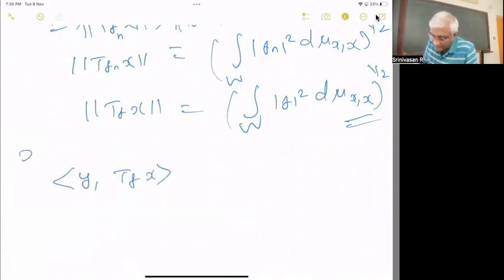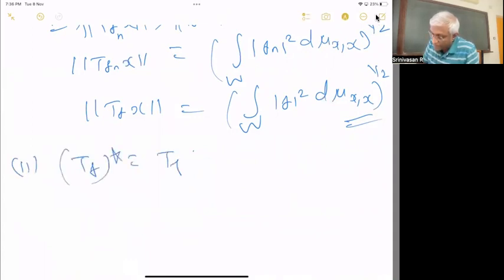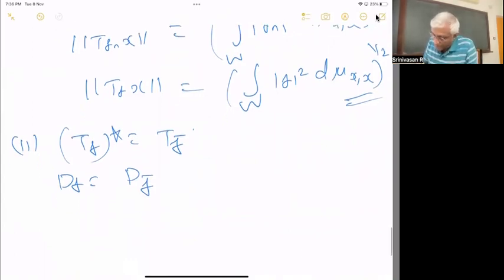So the second part is Tf star is equal to Tf bar. Notice that Df is equal to Df bar, of course, because Df is defined through the integral of |f|^2, and it doesn't matter whether you take f or f bar.